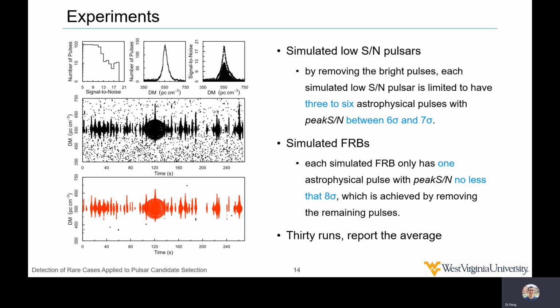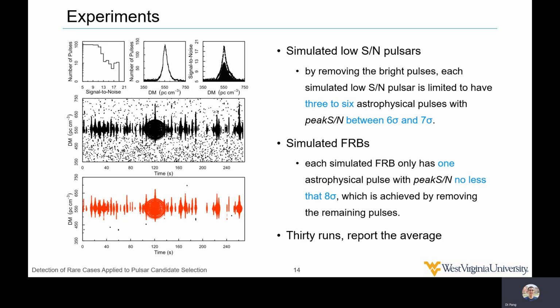We test our approaches on two types of rare cases, low signal-to-noise ratio pulsars, which from now on we will refer to as low SNR pulsars, and FRBs. However, because there are only a few low SNR pulsars and no FRBs at all in the benchmark, we generate simulated rare cases by removing pulses from real pulsars, as the one shown on the left.